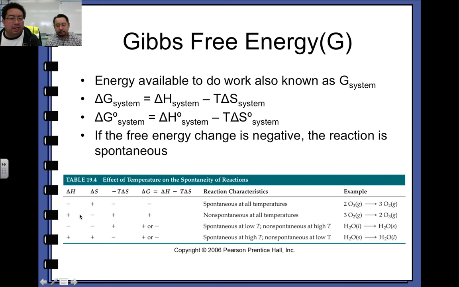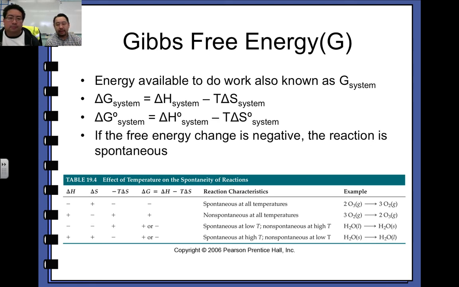If you have a positive delta H and a negative delta S, your delta G is always going to be positive, so that will result in non-spontaneous reactions no matter what the temperature is. After this, it's a little bit more dependent upon the temperature.